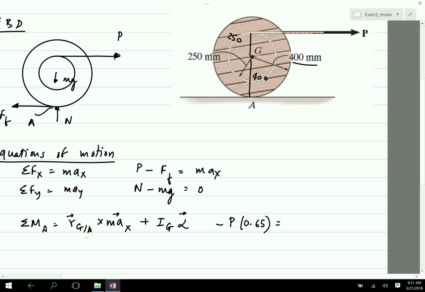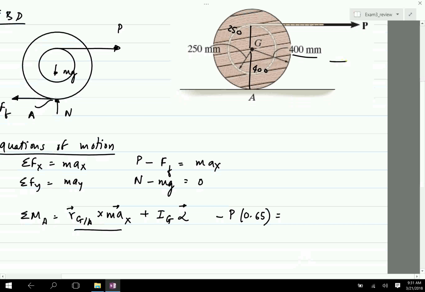Okay, so let's try to find this next. So MA is this way, the vector from A to G is this way. So when you take the moment about A due to MA, it's going to also create a clockwise moment. So it's going to be negative mass times acceleration x times the distance A to G, which is 0.4.